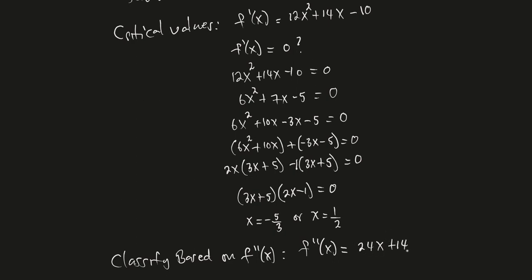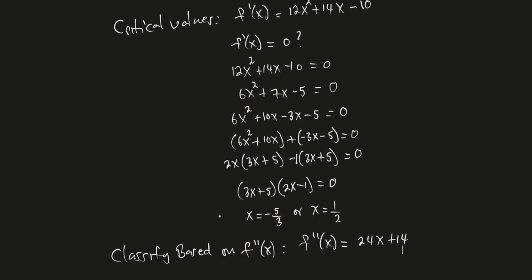And what the second derivative test says now is, if I take my critical value, negative 5/3, and plug it into this function, and I get something positive, then at this value of x the function has to have a relative min. If I plug it in and I get something negative, then at that point f of x has to have a relative max. So let's go ahead and evaluate it, right?